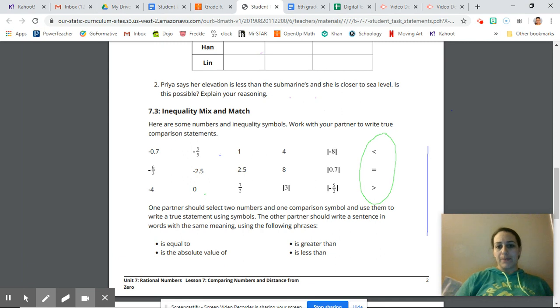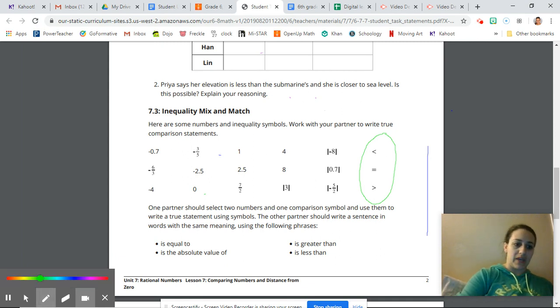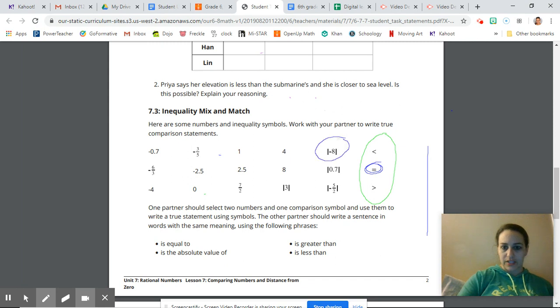So I'm going to pick one that starts off with being equal to. I'm going to do that one first because it says we can kind of pick. I'm going to see if I can find anything that's equal to here. And I know that my absolute values are the distance from zero. They become a positive number and it's my hero.